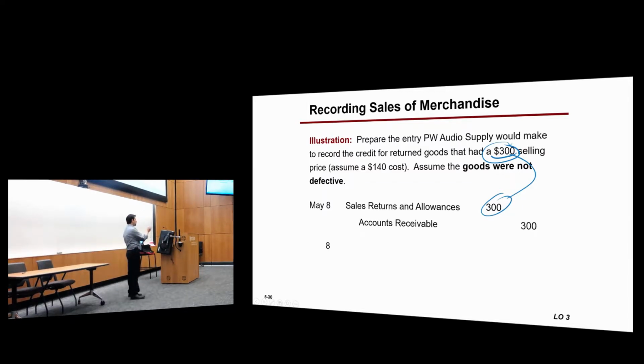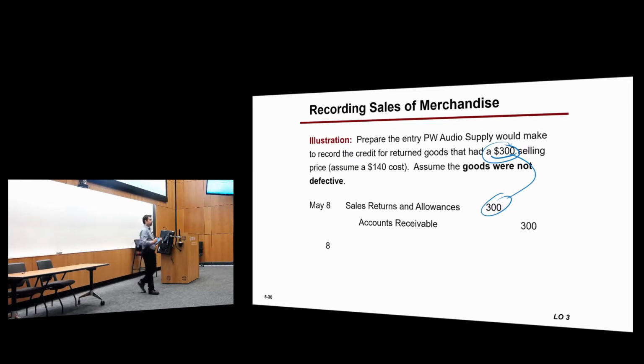So you will have less accounts receivable because it was on account. They owe you less. Your customer now owes you less. But because we are using a perpetual inventory system, now we need to also account for inventory and the cost of goods sold. Those products are not sold anymore. As a result, you have to remove that expense.